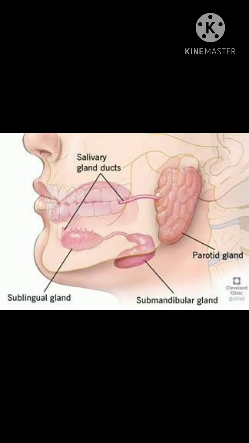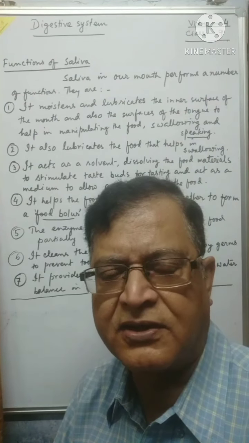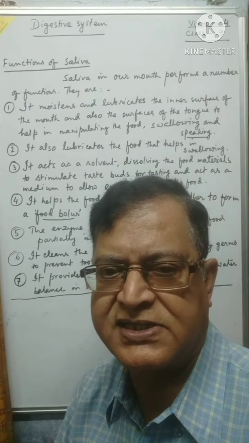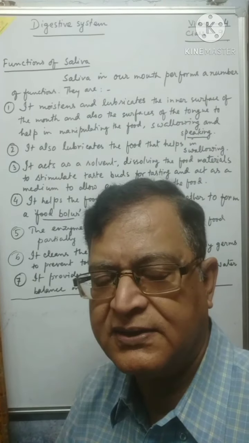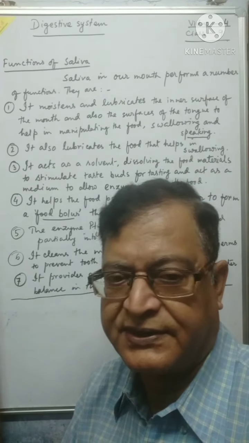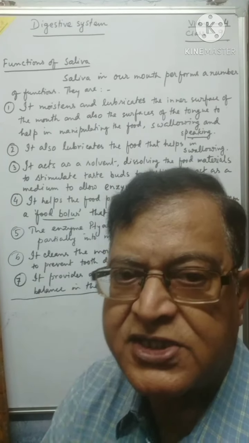The parotid glands and their ducts, and the sublingual and submandibular glands, are shown from the side view of the mouth. Though visible from one side, it indicates the exact location of the glands. Now let us come to the functions of saliva.